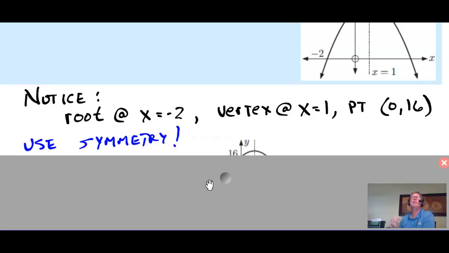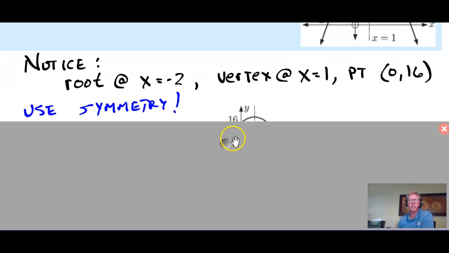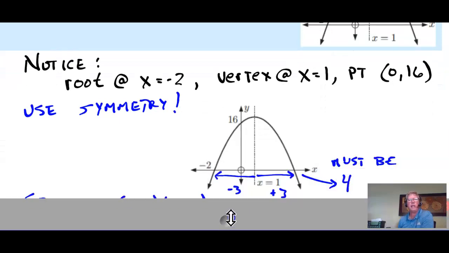Symmetry. Such a beautiful, beautiful thing in mathematics and in the world. We have bilateral symmetry, right? One side of our face looks something like the other side. Nature got it right. So let's use this beautiful thing called symmetry. Everything's symmetric about the axis of, wait for it, symmetry.